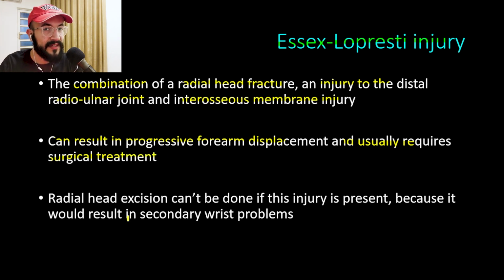One of the treatment options for radial head fractures is radial head excision, and the radial head excision can't be done if this injury is present. So radial head excision is contraindicated in Essex-Lopresti injury because it would result in secondary wrist problems.